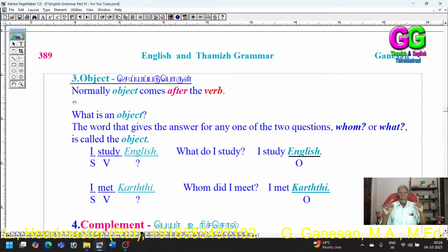Now we should know what an object is. We should know, or we should have known. If you don't know, let us learn that.